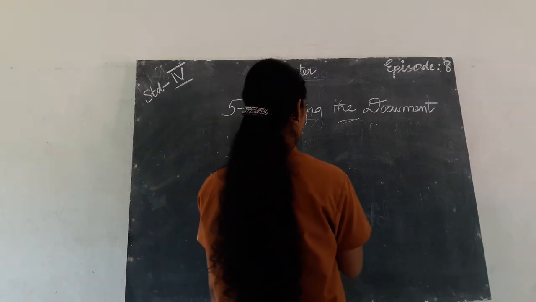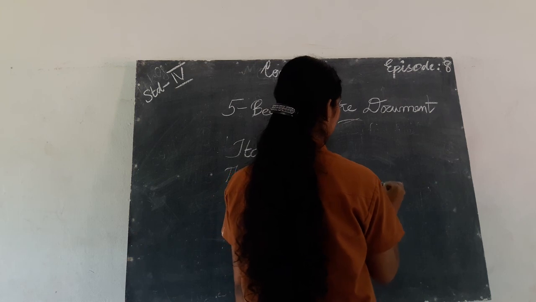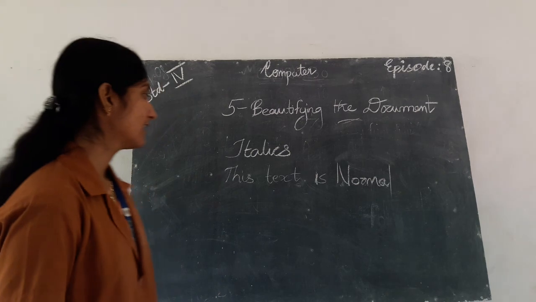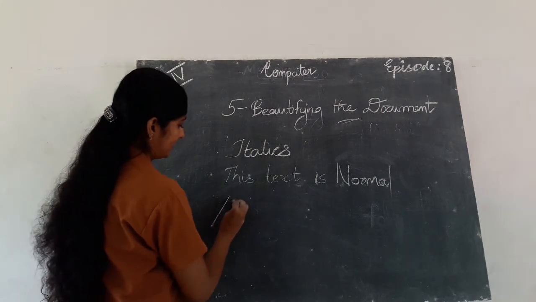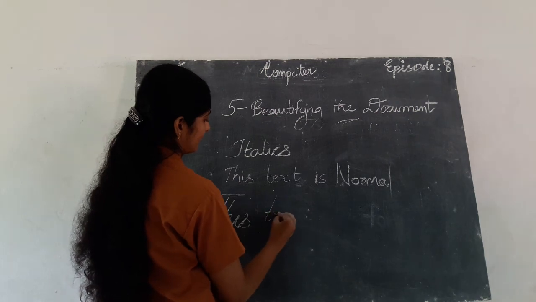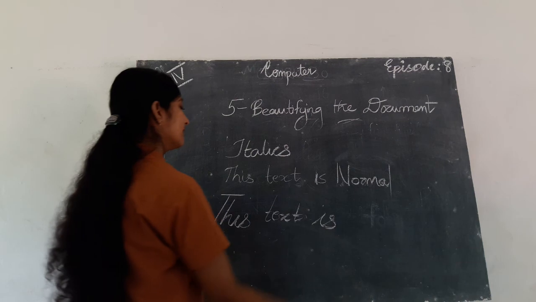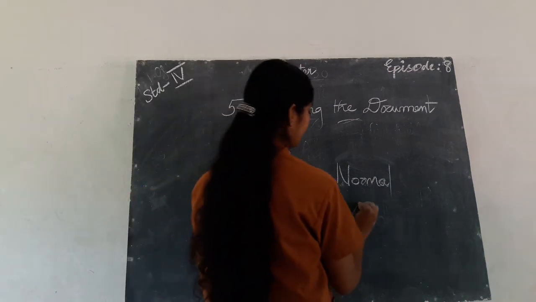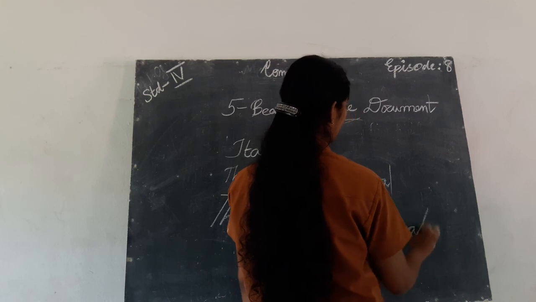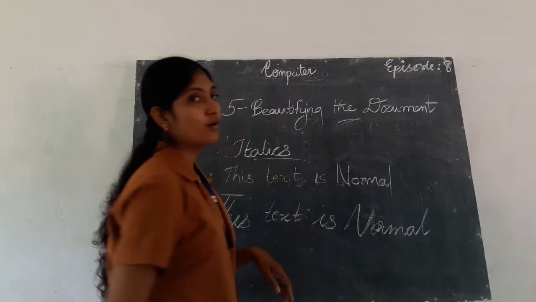Then how does it become after applying italics? Like this: this text is normal. So this type of feature is italics.